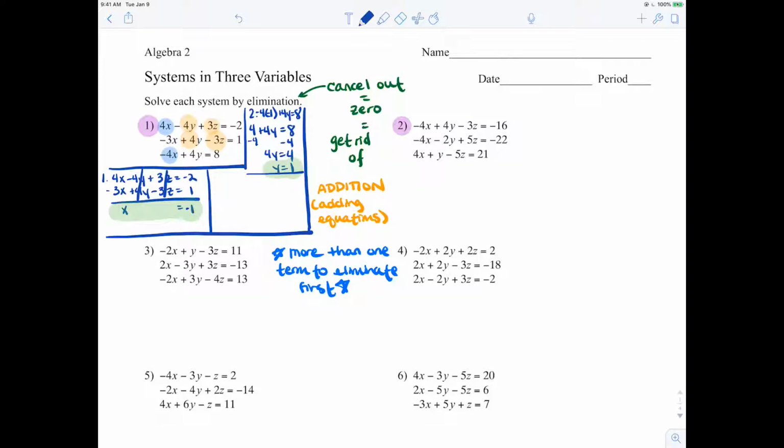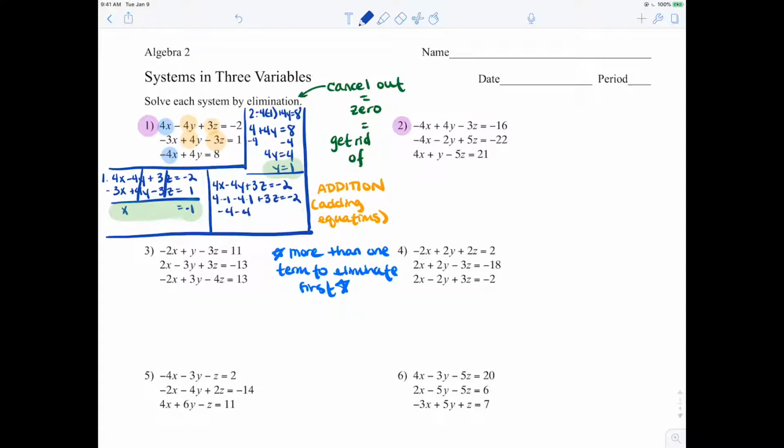And so then the last part would be to use these 2 values to identify z. And I'll just use the first one because that's the easiest. So 4x minus 4y plus 3z equals negative 2. And we'll say 4 times negative 1 minus 4 times positive 1 plus 3z equals negative 2.